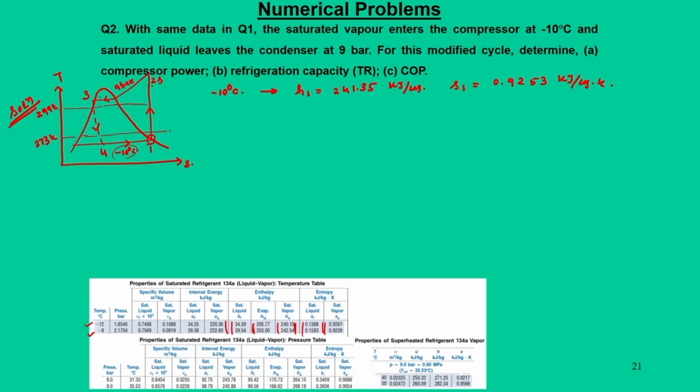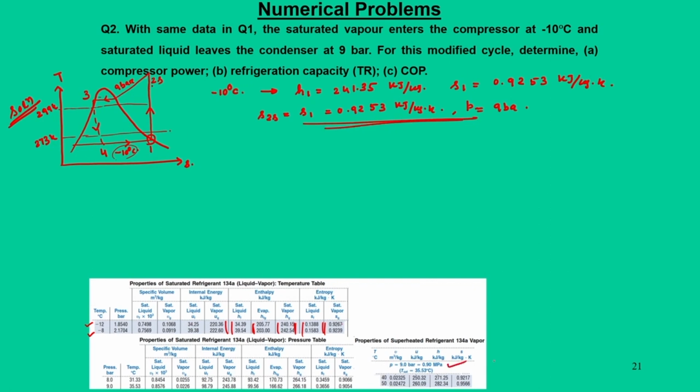Done. Now, S2s is equal to S1, that is 0.9253 kilojoule per kg Kelvin, and we also have P equal to 9 bar. So, these two data give the superheated region.